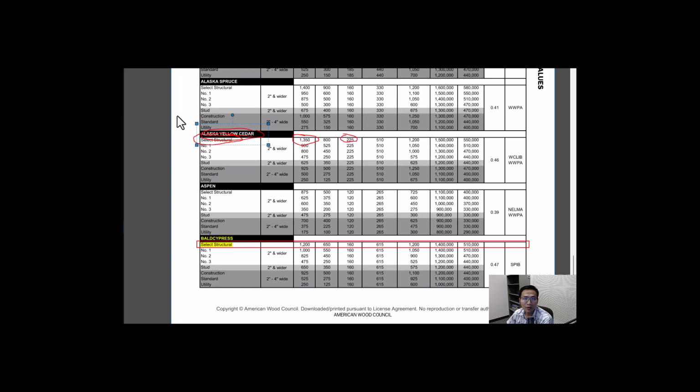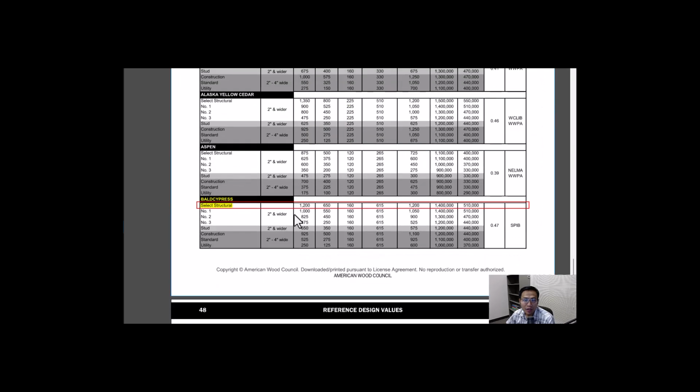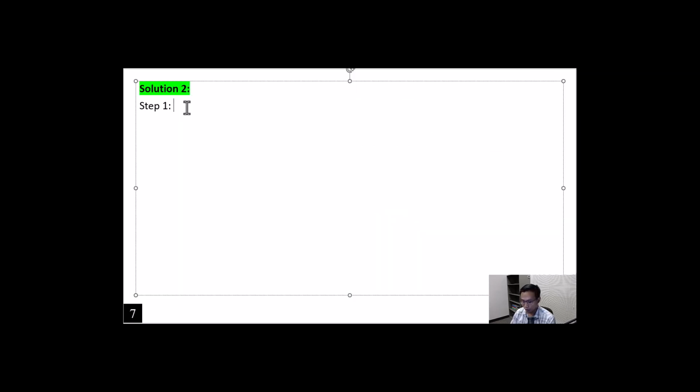Okay, select structural. We need to check for FB and FV. So the FB we have is 1200 psi.